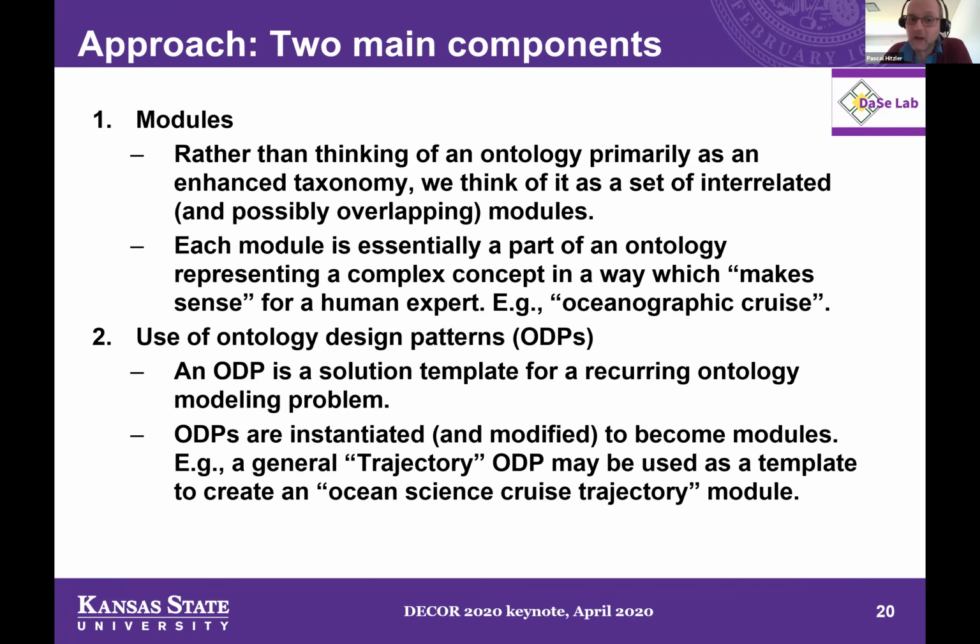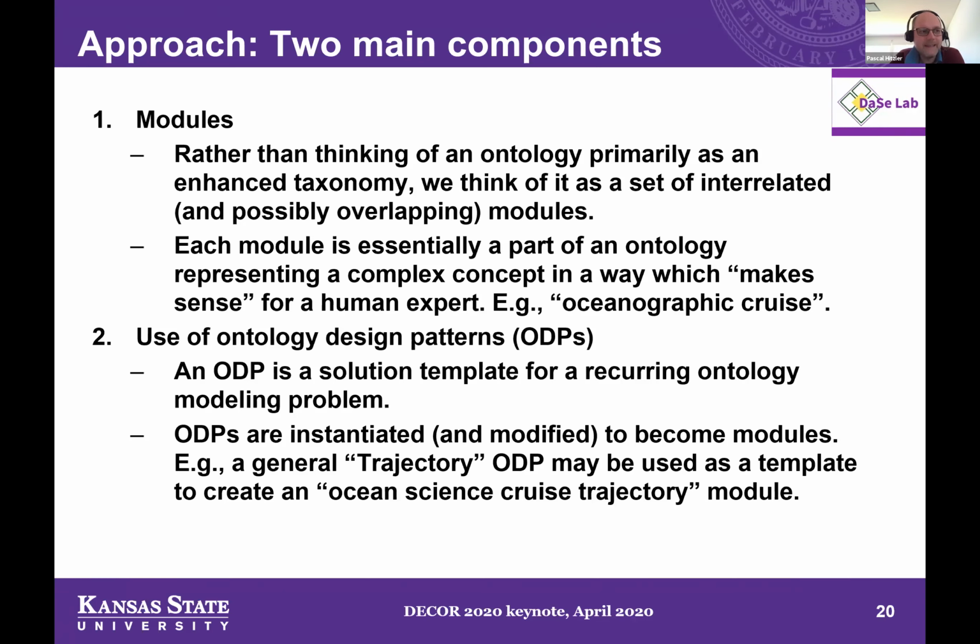Together with this, we make principled use of what some people call ontology design patterns. An ontology design pattern is essentially a solution template for a recurring problem in ontology modeling. For example, in a lot of applications where you want to make a knowledge graph schema, you need to talk about trajectories, things that move over time. That seems to be a recurring ontology modeling problem.